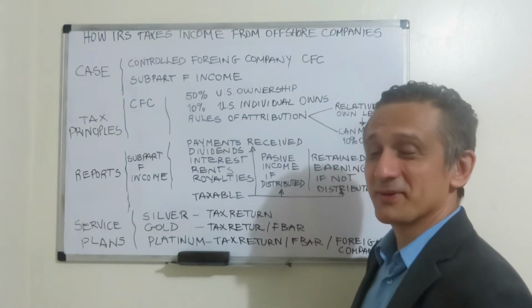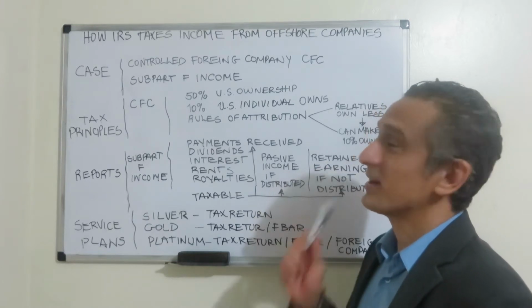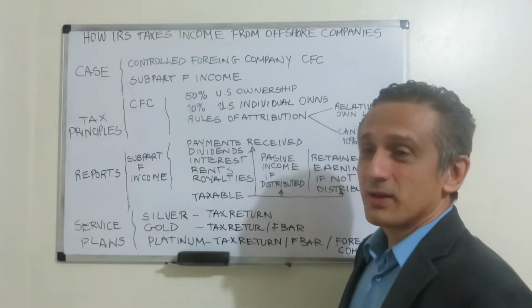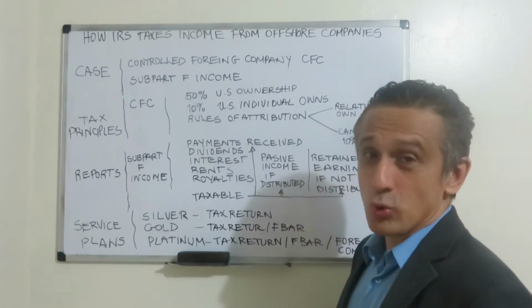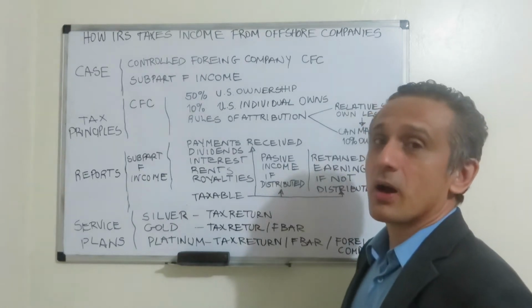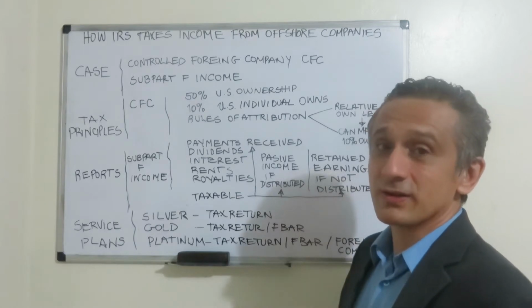I am the CPA of the firm Fast CPA and Consultants, and today we're going to speak about how the IRS taxes income from foreign companies. There is a case in the Internal Revenue Code for companies that are outside of the United States that distribute profits to U.S. citizens.